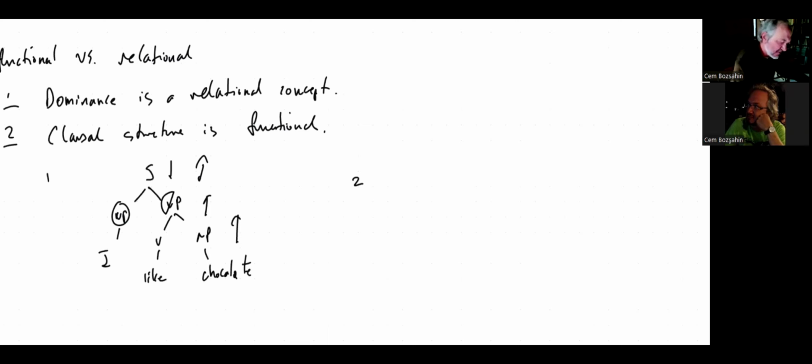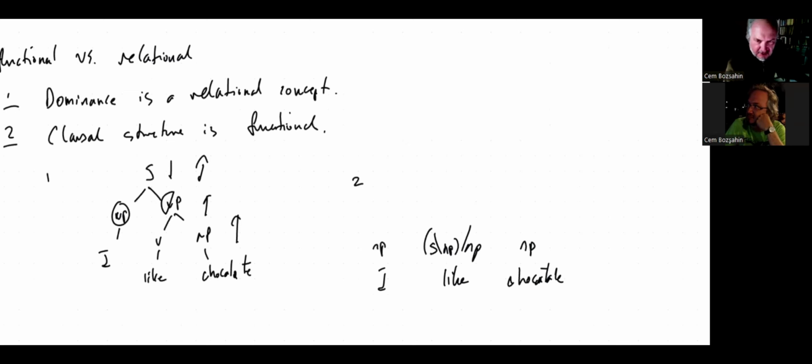So if you have "I like chocolate", and if this is a verb which is transitive, and this category, as you know from class, is going to get the object first to give you this, and it's going to get the subject next to give you this.